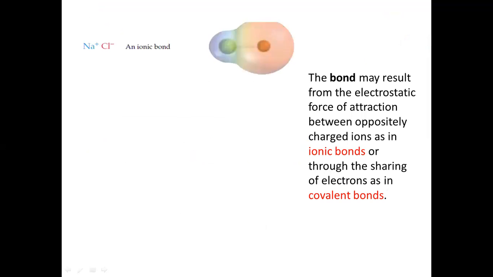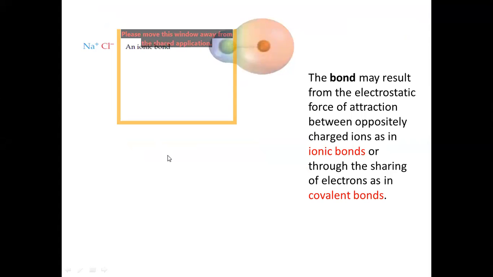So let us start with what is the ionic bond. An ionic bond is when the molecule has ions. Ions means there are two ions: one is a negatively charged ion and the other one is a positively charged ion. Then this type of bond is called an ionic bond. So you will clearly see the differences between the bonds over here.